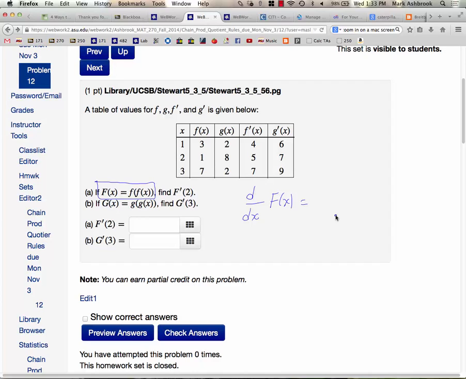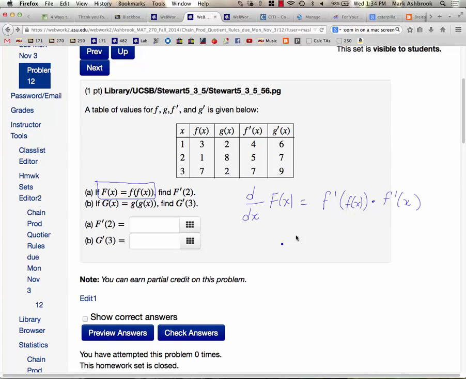Okay, so we said that it's the rate of change of the outside, the exterior, with respect to the interior, times the rate of change of the interior. So that's our chain rule that we use on a composite function. It doesn't matter if you're taking the function and plugging it into itself. It's still a composite function, and you still apply the chain rule the same way.